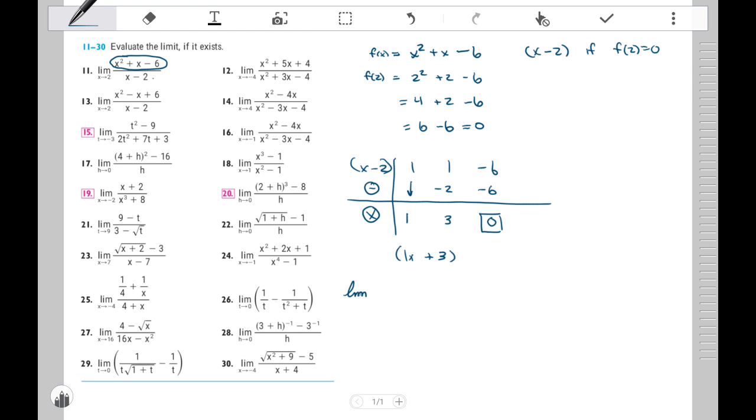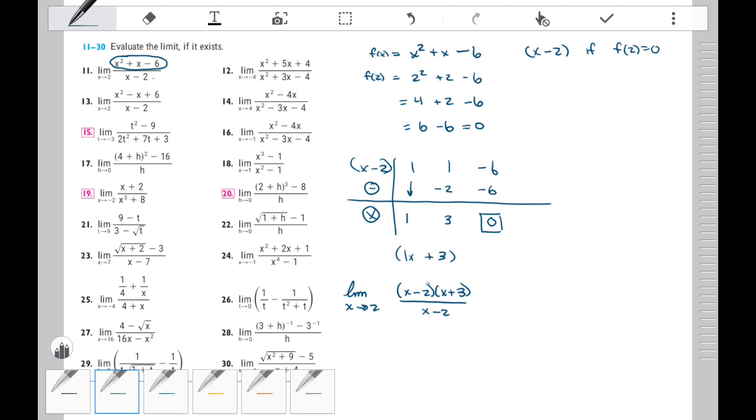The limit as x goes to 2 of x minus 2 times x plus 3, because x squared plus x minus 6 is x minus 2 times x plus 3. If you FOIL it out or expand these two brackets, you can find that out as well. And this is divided by x minus 2.